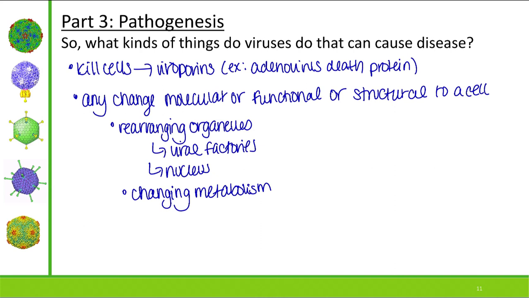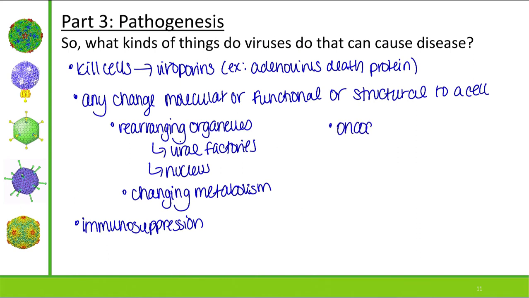All of these things are definitely molecular, functional, or structural changes that happen to a cell, and they are all part of causing disease. And of course, we can add our idea of immunosuppression up here, using those virokines and viroceptors.